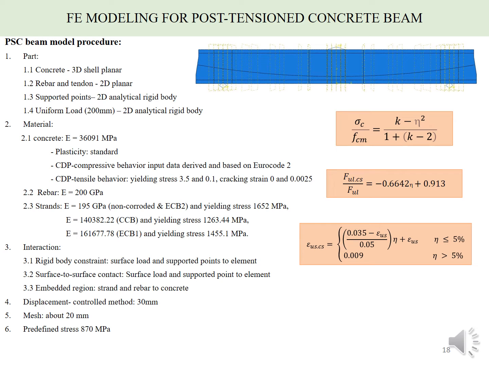The equivalent material model derived from these empirical equations is used for Abaqus input data, and the displacement control method is used in this study, and a mesh size of about 20 millimeters is used, and the predefined stress of 870 megapascals is used in this study.